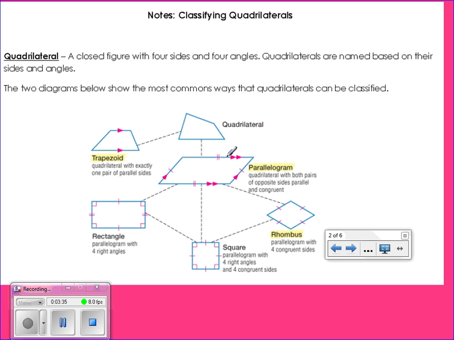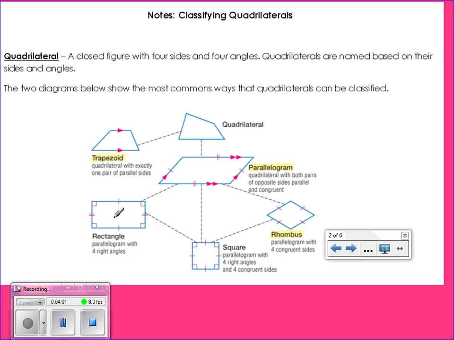Didn't say anything about angles here. So their angles are not going to be congruent. Okay, over here on the rectangle, which is a kind of parallelogram, now we've got parallel and we've got congruent, but we also have 90-degree angles, four right angles. Okay, so a parallelogram that has four right angles is going to be a rectangle.